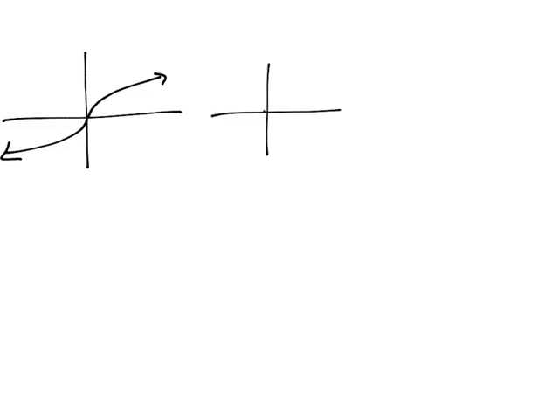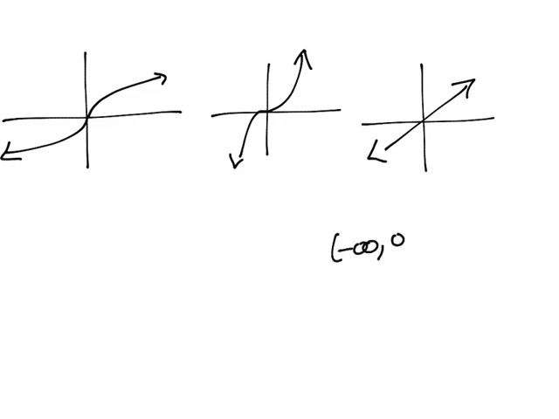So those 3 pictures, we have the cube root function, the cubing function, and the actual line, diagonal line, okay? All 3 of them have a range of all real numbers. And all that's saying is which ones have a part of the graph on top and bottom. And that would be the case for all 3 of these, okay?